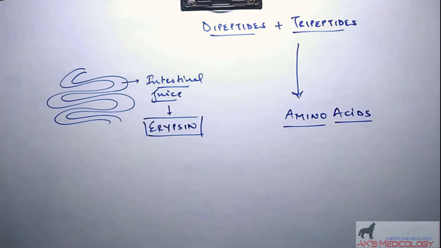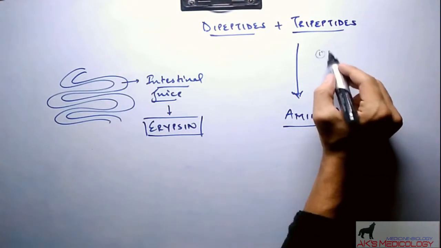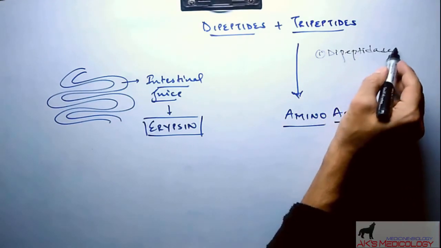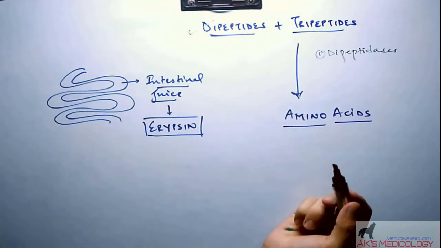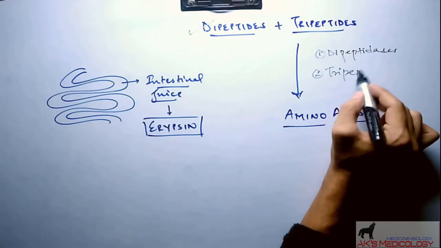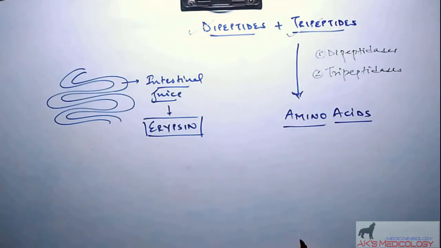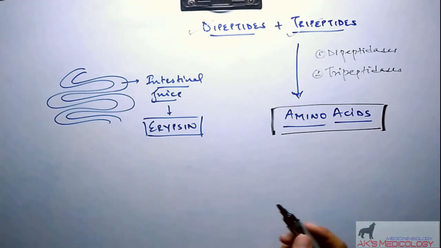Now, erepsin is a group of basically two enzymes. One is dipeptidases for digesting the dipeptides, and second, tripeptidases for digesting the tripeptides.